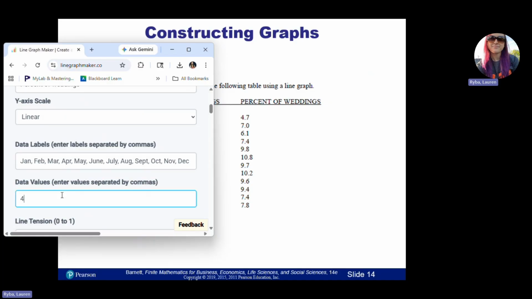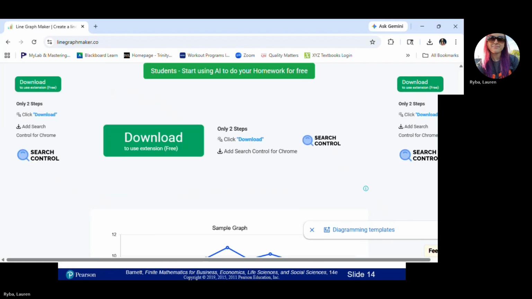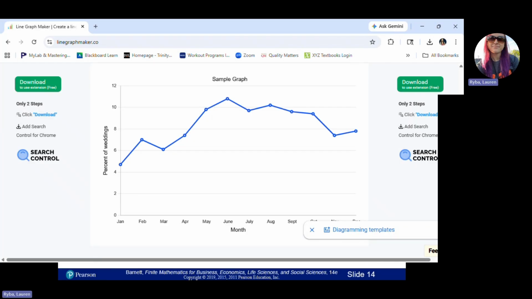And then my values: 4.7, 7, 6.1, 7.4, 9.8, 10.8, 9.7, 10.2, 9.6, 9.4, 7.4, and 7.8. And there's my graph. It shows how it changes over time.